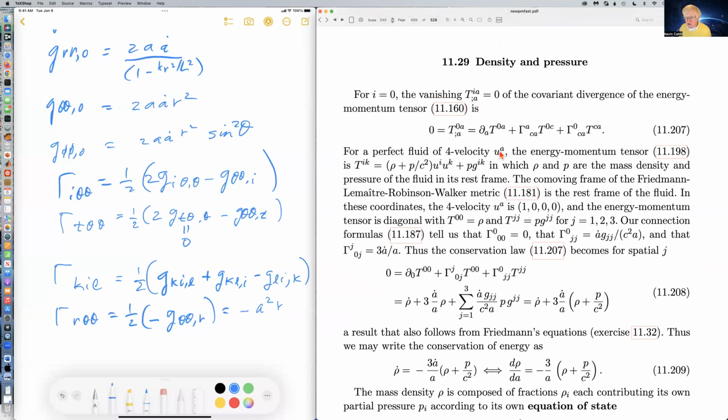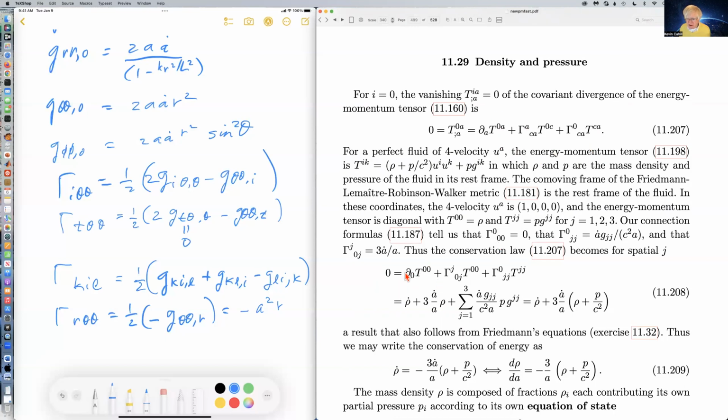We now specialize to the case of a perfect fluid, and we're in the rest frame of the fluid, and consequently this expression simplifies enormously.